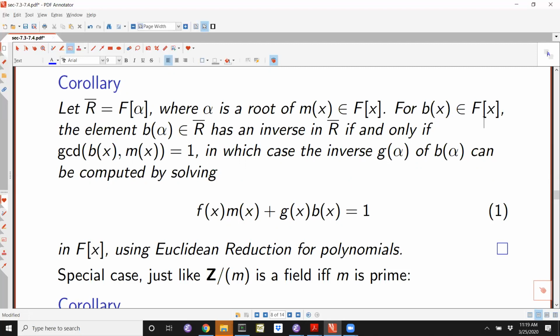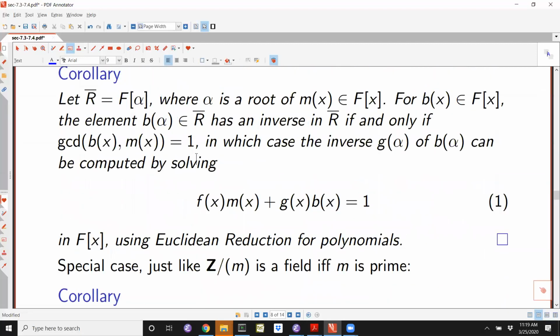If b of x is a polynomial with coefficients in capital F, then the corresponding element b of alpha in R bar has an inverse in R bar exactly when the GCD of b and m is equal to 1, in which case the inverse g of alpha of b of alpha can be computed by solving this equation.